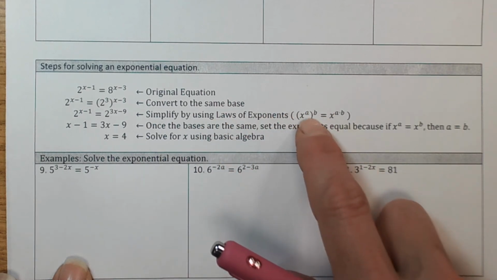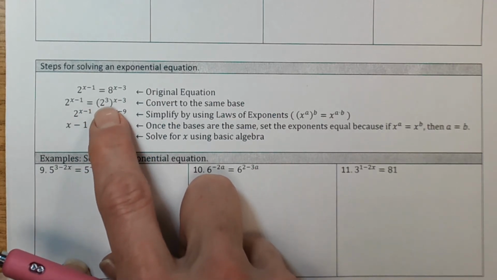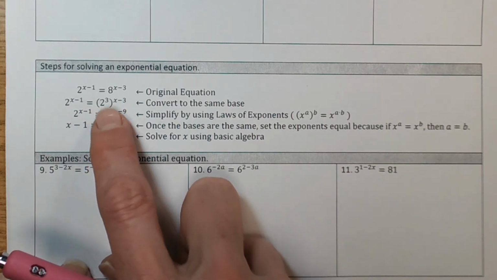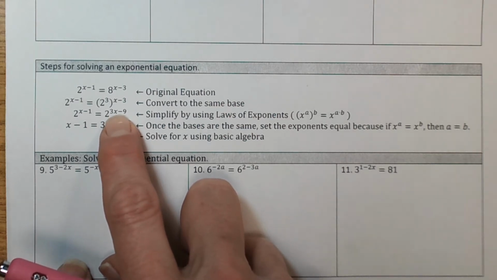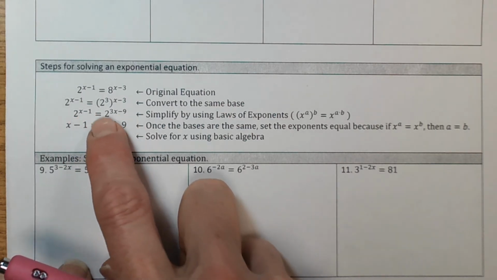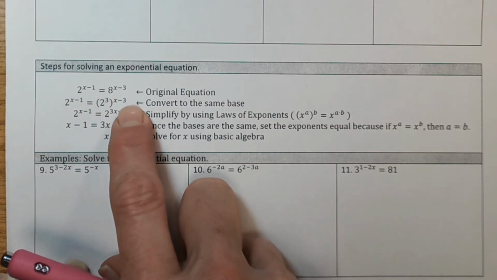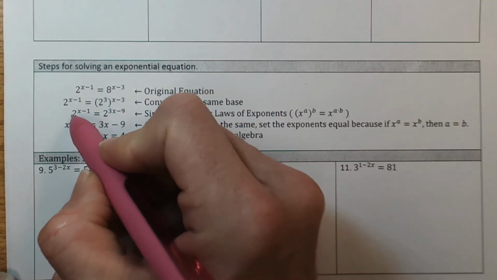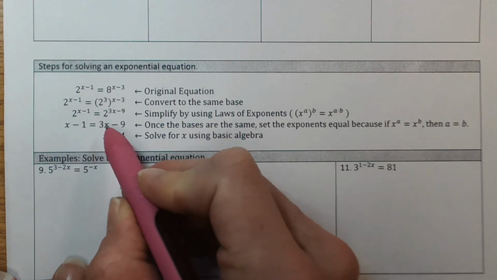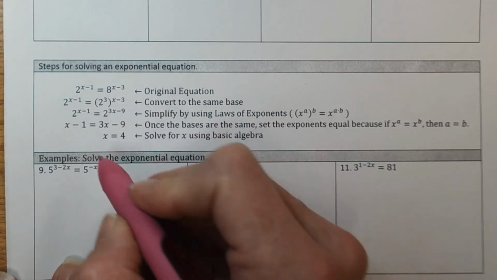And then we use our laws of exponents, because if I have a power to a power, then I multiply the powers. So that's going to distribute that 3 times the x and 3 times the negative 3 to get me the 3x minus 9. Now when you have bases that are the same and you have simplified their exponents, then we know that the exponents must be the same, because if a base to an exponent is equal to the same base to the exponent, then the exponents must be equal.